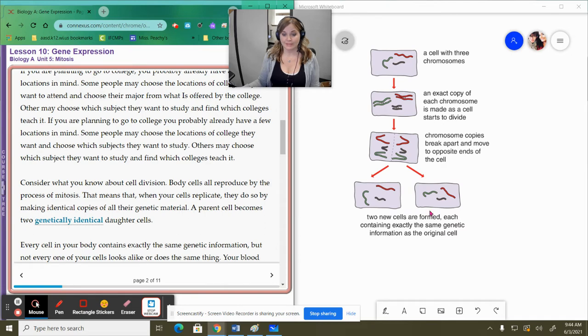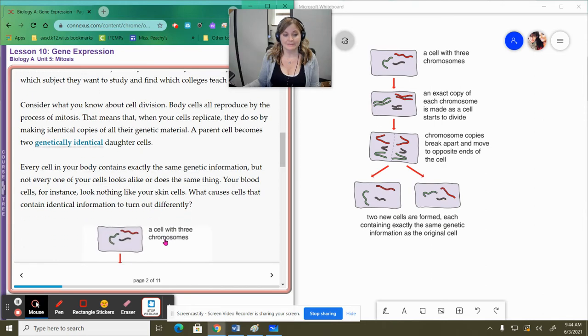As time goes on, these cells will replicate and create genetically identical cells, so every generation of replication yields the same cells you started with. That's the idea behind mitosis. Mitosis gives us genetically identical cells.